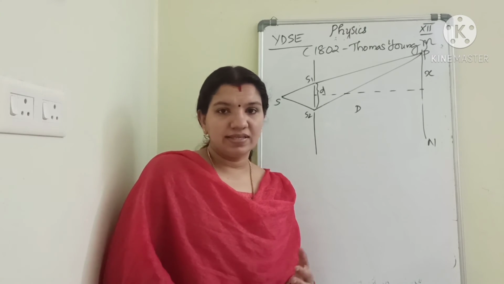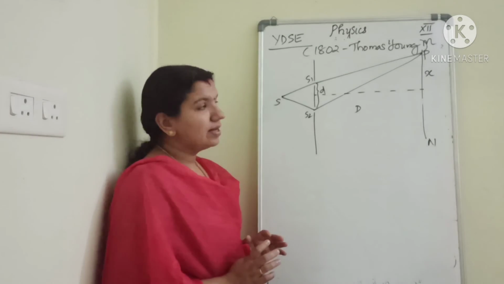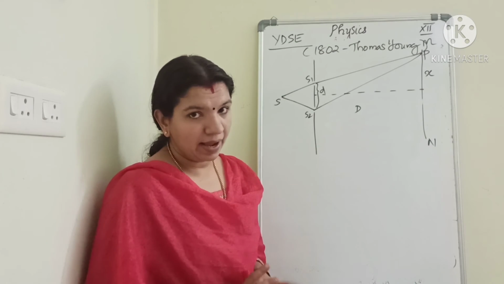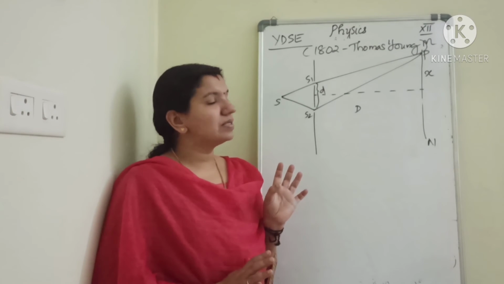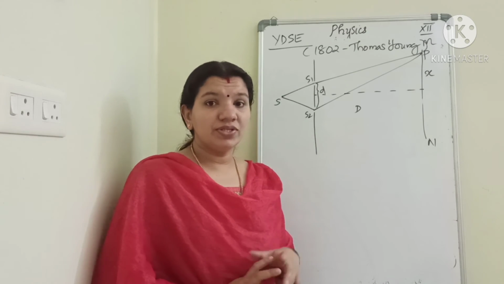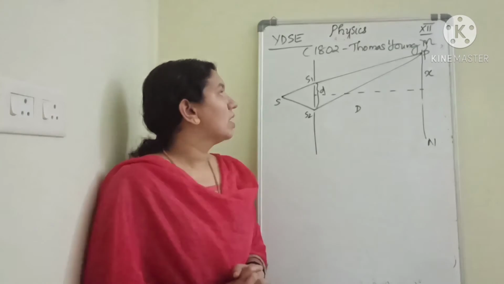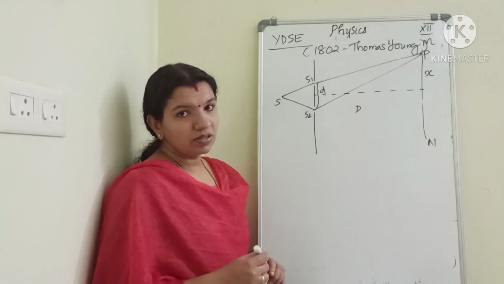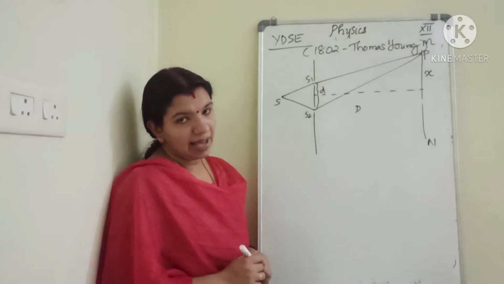So this is the setup for Young's double slit experiment. I told that it was conducted by Thomas Young in 1802. This is actually the study of interference, which again proves the wave nature of light. Now here, the first thing is, there is a source of monochromatic light.